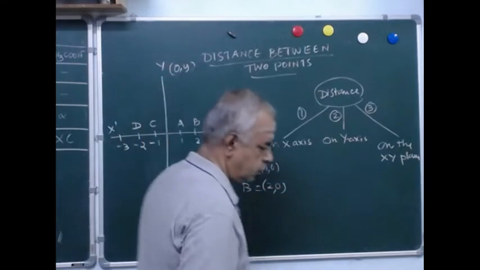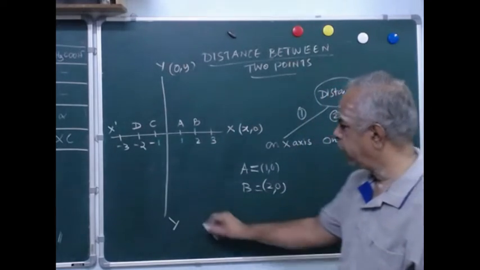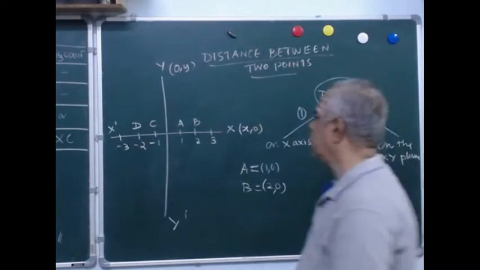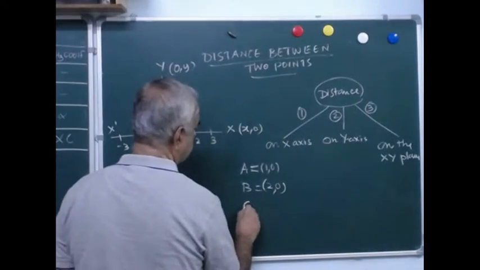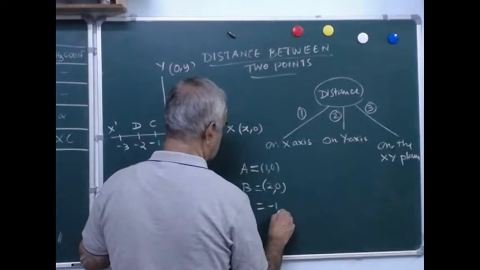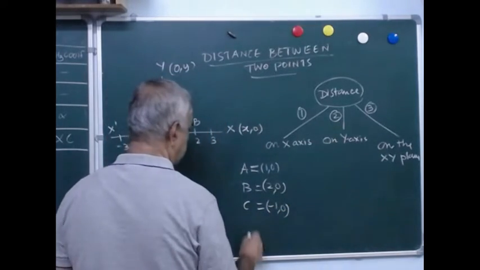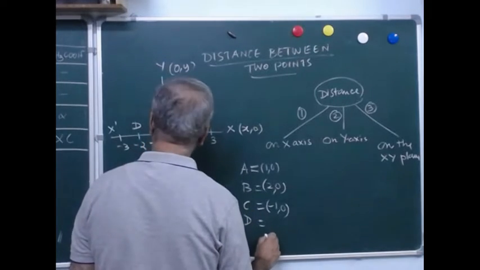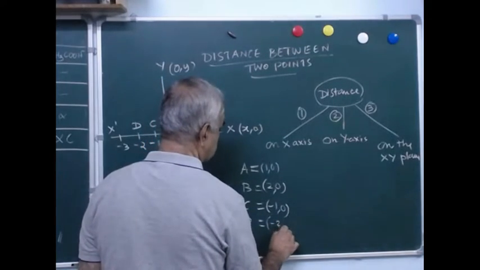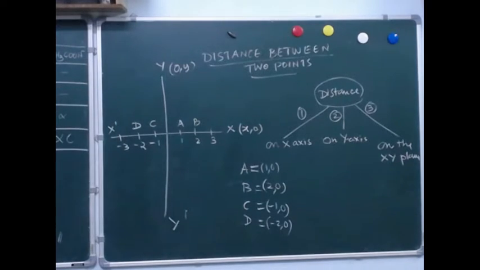And C can be represented as (-1, 0). What about D? D can be represented as (-2, 0). Do you understand?